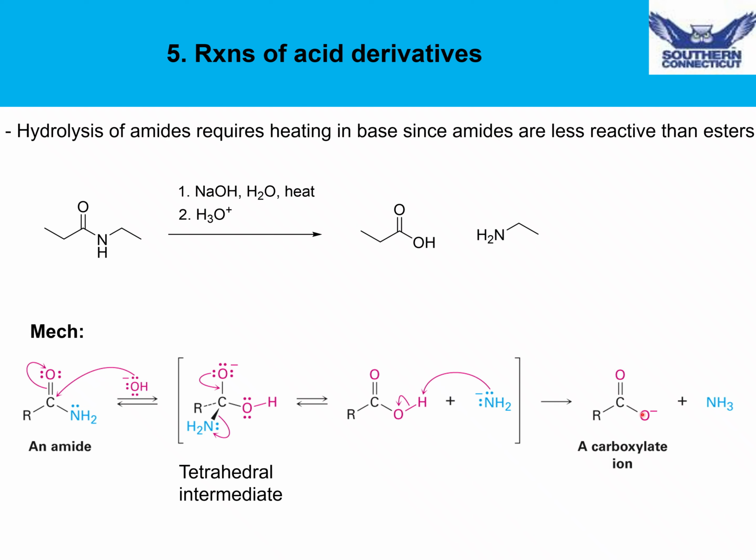For this reason, we have to use aqueous acid as a second step to add a proton back on the carboxylate and end up with a carboxylic acid at the end of the reaction.